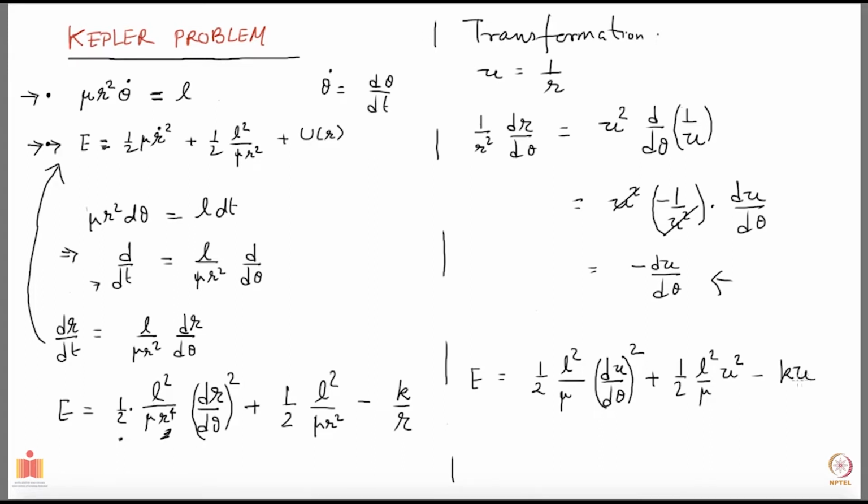I think I'll have to write it again on the next sheet. Okay, let me do it quickly. So I want to take a derivative of this previous expression with respect to theta. Let me write it because I need it here.